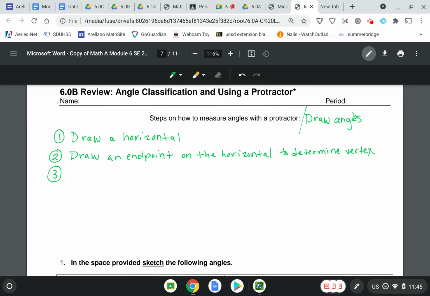Okay, and then step 3, you're going to draw an arrow on the other end to represent a ray, or one of the sides of the angle. Okay, so this is going to represent one of the sides of the angle.